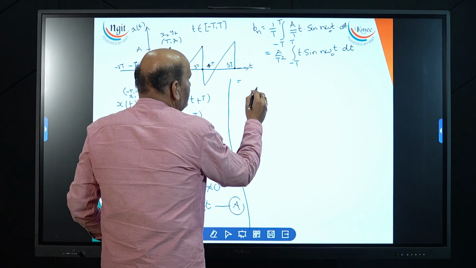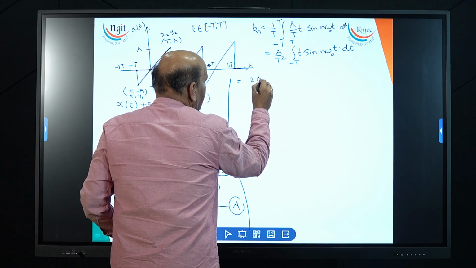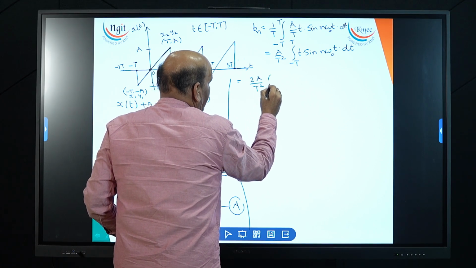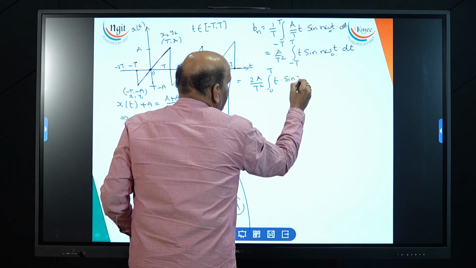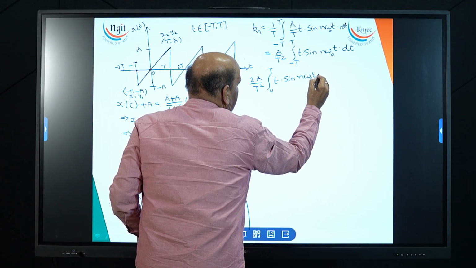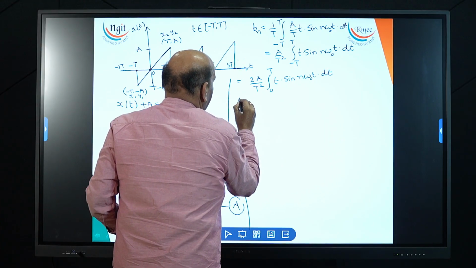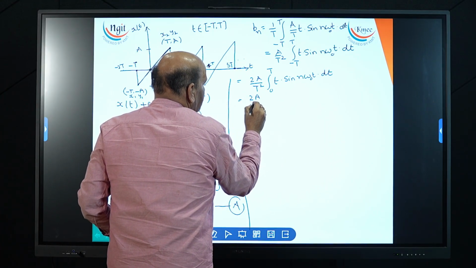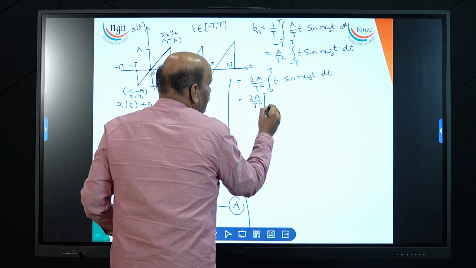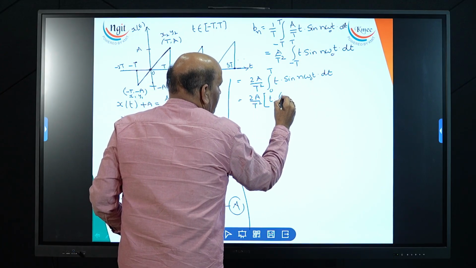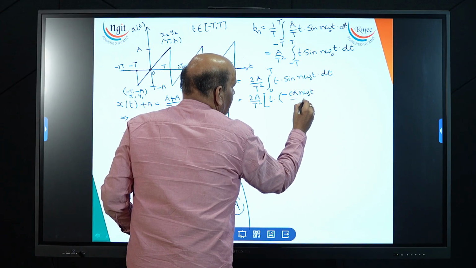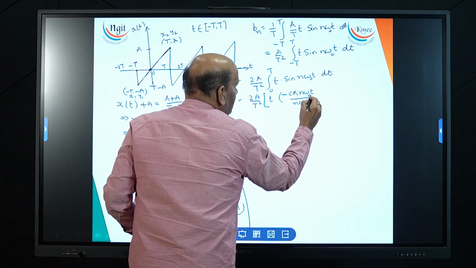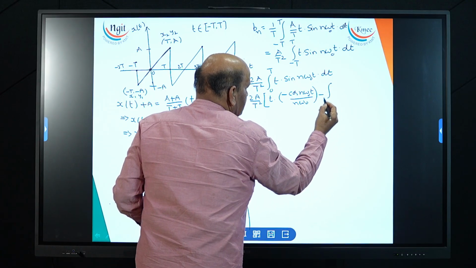Therefore, the integral can be written as 2A by T squared integral from 0 to T of t into sine n omega naught t dt. Now, this becomes 2A by T squared, using the uv method, that is u into the integral of sine, which is cos n omega naught t by n omega naught, minus integral.